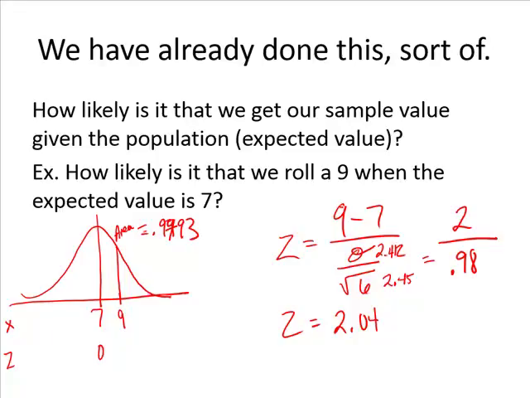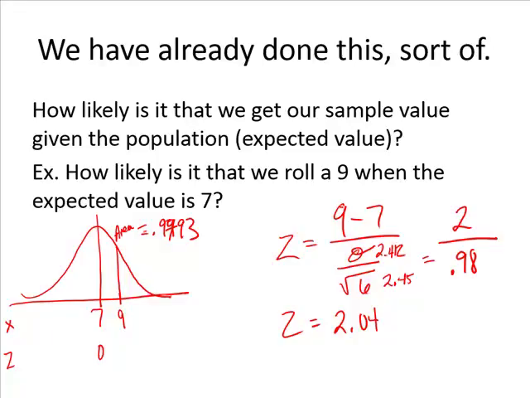How likely is it that when you roll a set of dice 6 times that your average is 9? How likely is it? Not very likely, right? You guys suck at this. That was the conclusion, right?